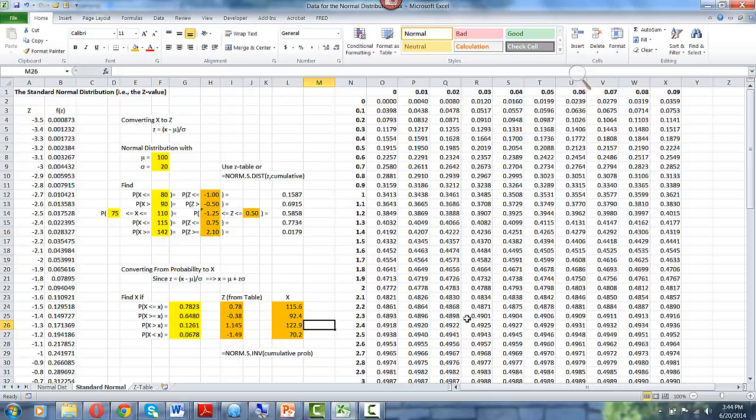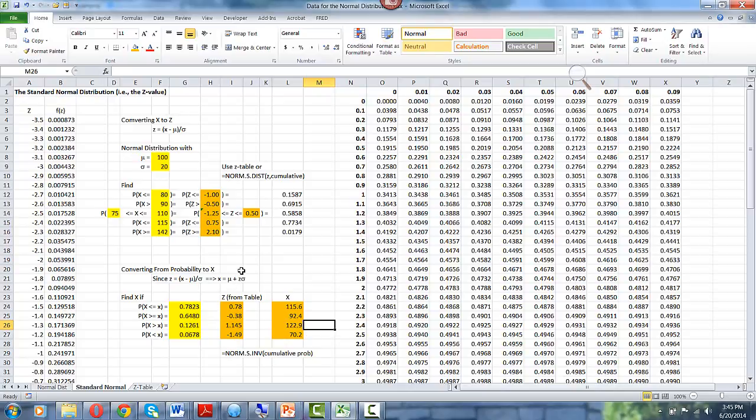So 0.4322. This is a 0.4319, the next number is 0.4332, so the closest is 1.49. And because it's on the lower tail, we have a minus 1.49. So the x value then is 70.2.